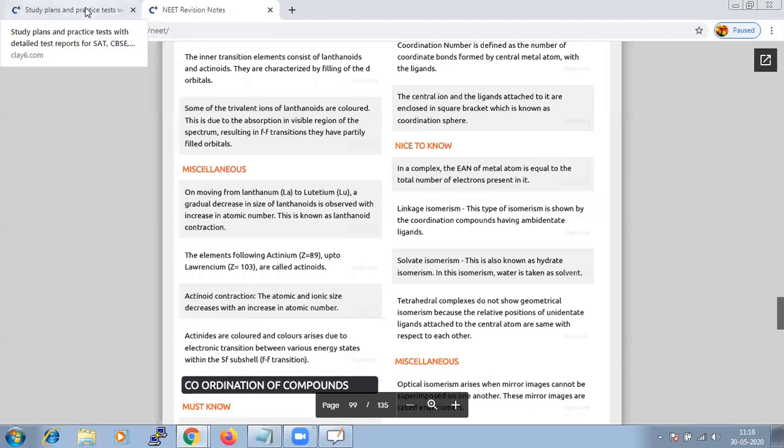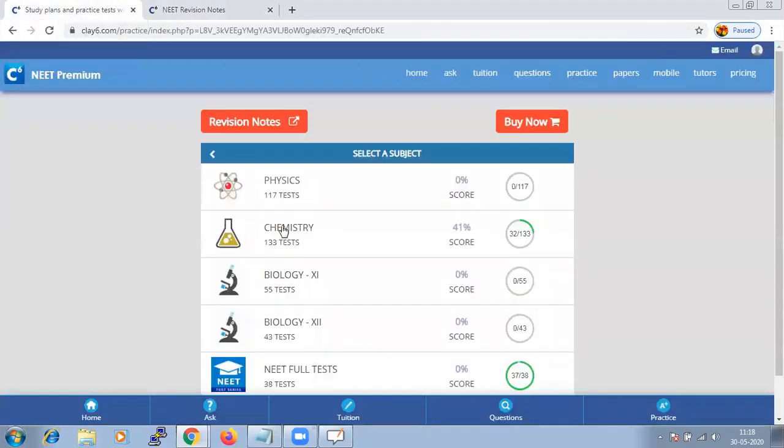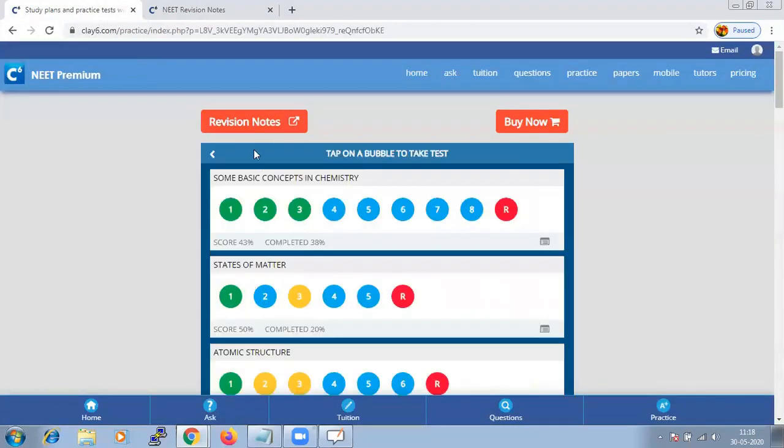After analyzing that, let us try taking a test from this chapter. Here you have different subjects, and each subject has a chapter-wise test. If we click on chemistry, we get the chapter-wise tests. Each bubble represents a test. Green indicates that the test is already completed, blue that the test is yet to be taken, and yellow that it is in progress.